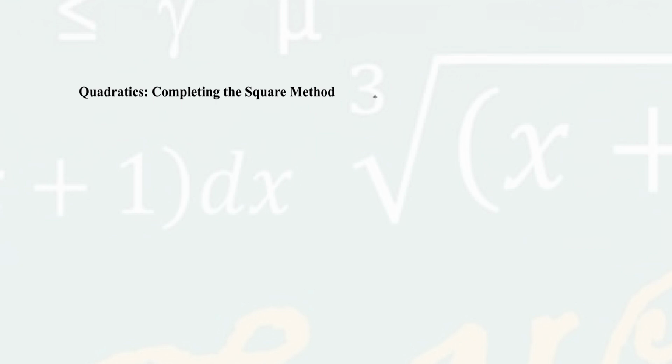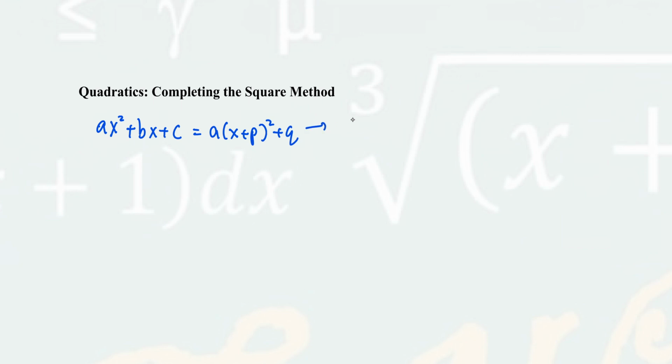This video is to discuss Pure Maths 1, which is the chapter of quadratics, and is regarding the completing the square method. Okay, so first of all, the notes for completing the square method is basically you need to express ax squared plus bx plus c, which is a quadratic function, in a times (x plus p) squared plus q.